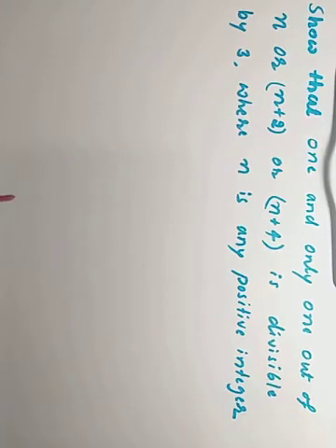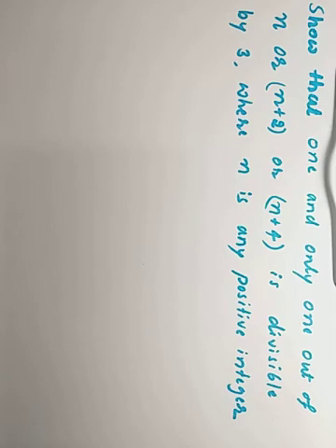Dear students, this problem is taken from real numbers. The problem is: show that one and only one out of n or n plus 2 or n plus 4 is divisible by 3, where n is any positive integer.